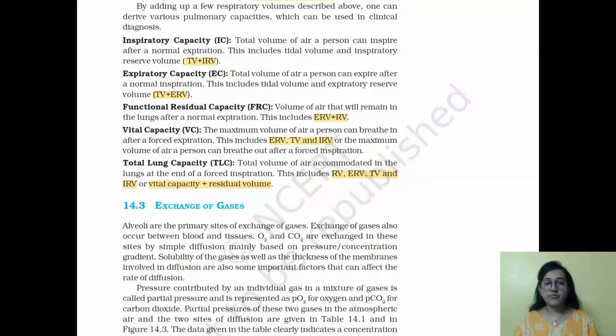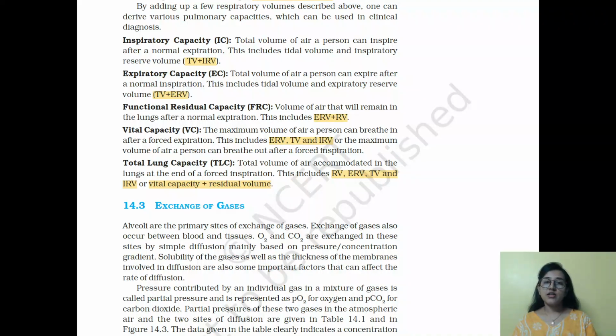Next, vital capacity or VC. The maximum volume of air a person can breathe in after a forced expiration. This includes expiratory reserve volume, tidal volume and inspiratory reserve volume. Or we may say it is the maximum volume of air a person can breathe out after a forced inspiration.